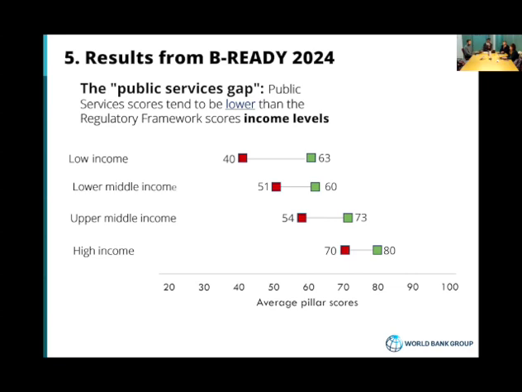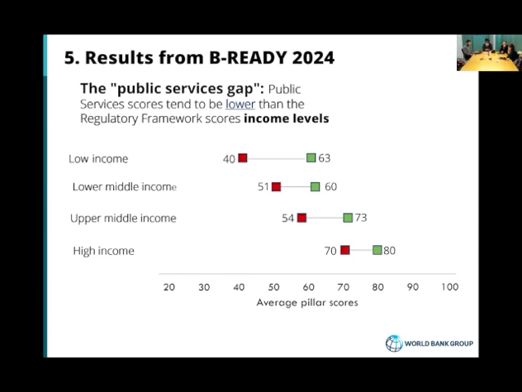On this slide, you see across different income groups, the average score for economies in every income level to be lower on Pillar 2, which are the red dots, as opposed to those in Pillar 1, the green dots.